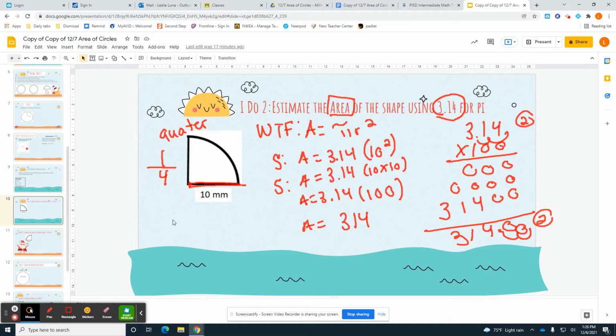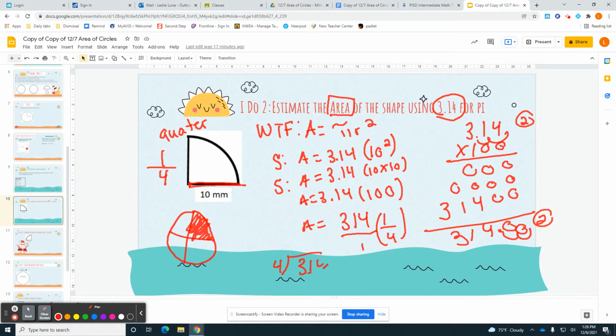It is not a circle. Essentially this is 1. If you have a circle and you cut it into 4, it is just 1 part that we're looking for. So if it is 1/4, that means we are multiplying this by 1/4, or like I told you earlier, dividing it by 4. So 314 divided by 4.